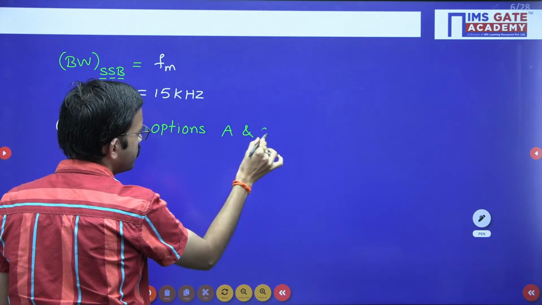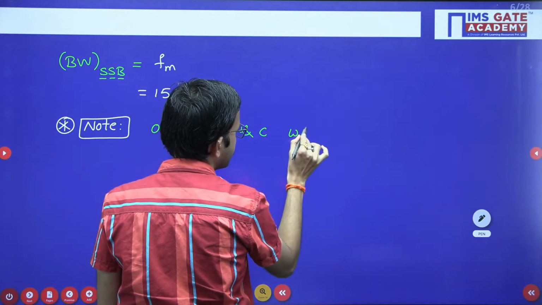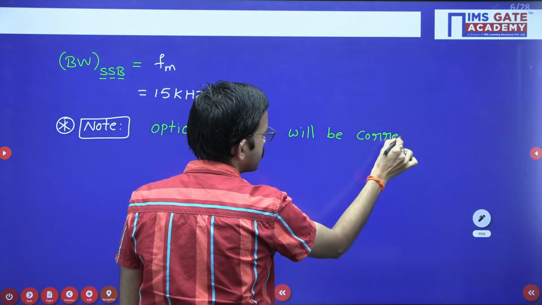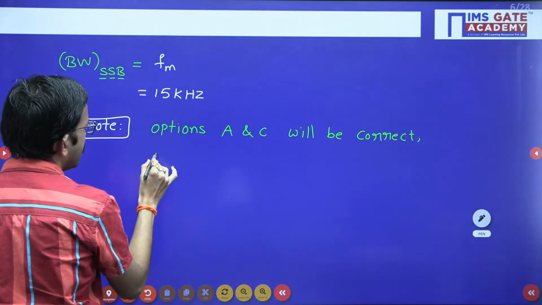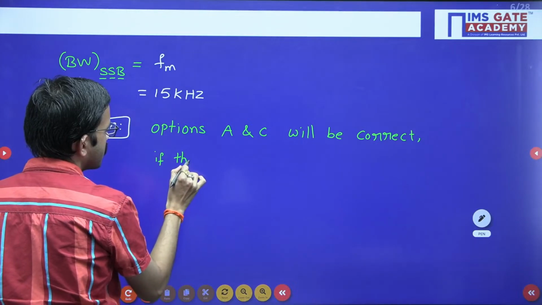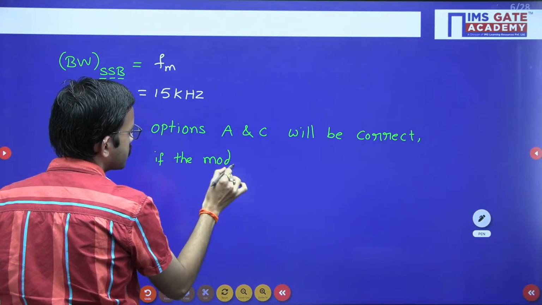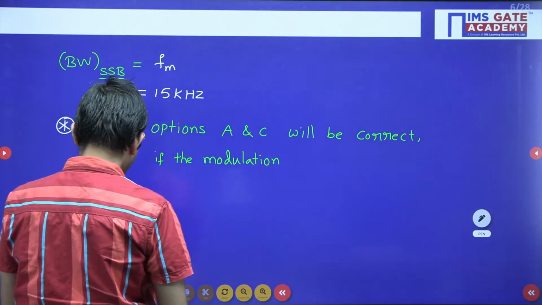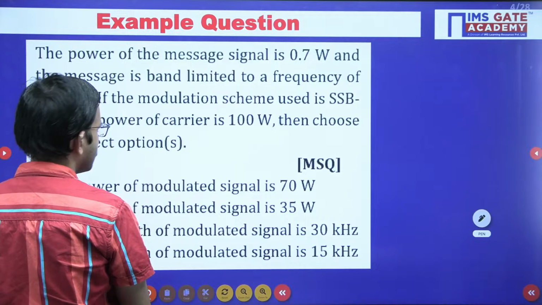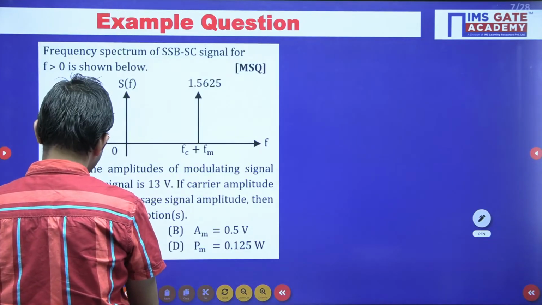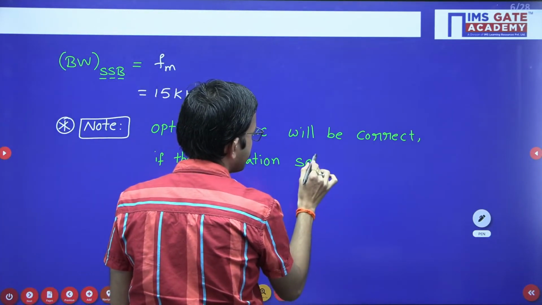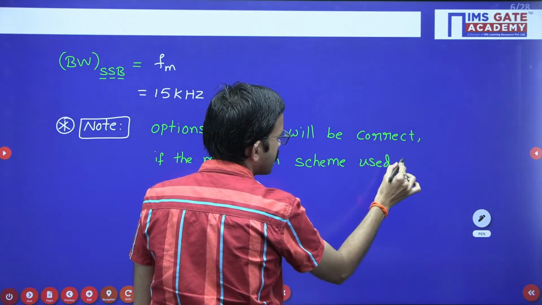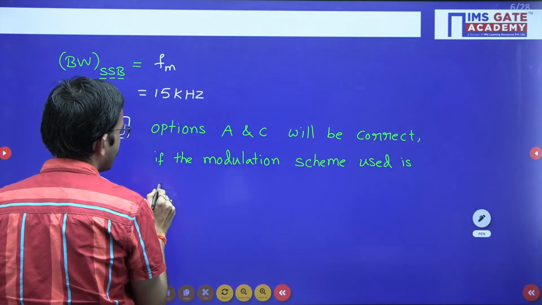Options A and C will be correct if the modulation scheme used is DSB-SC.